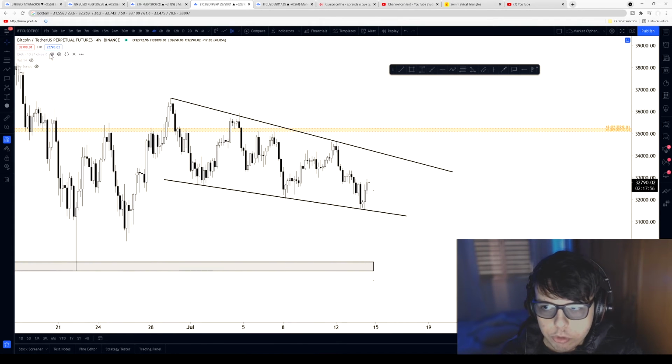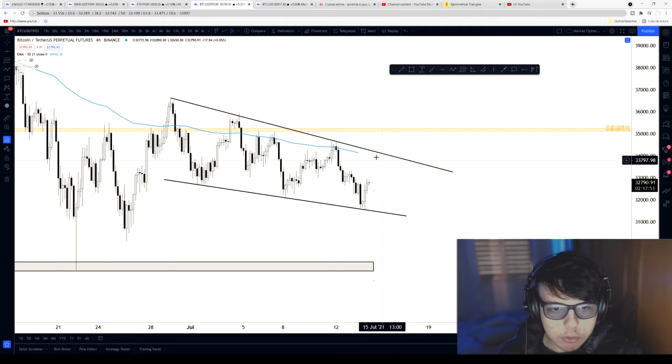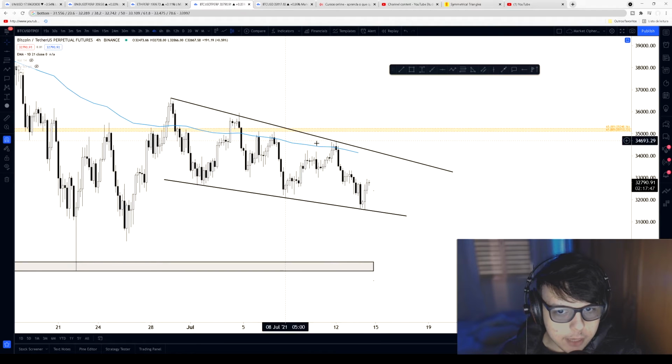And to contribute to that idea, we also have the 21 EMA right at the top of the channel of the wedge as well. So that's going to be a big test for us on this 21 EMA. And if we want to break out of this pattern to the upside, we gotta break and reclaim the 21 EMA as well, guys.